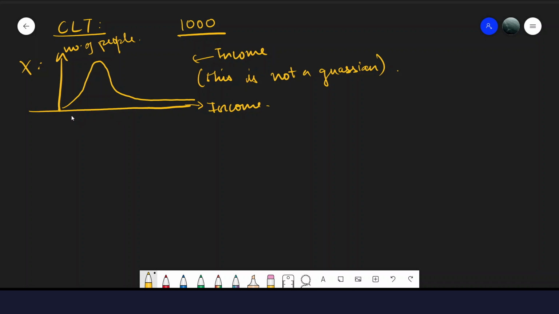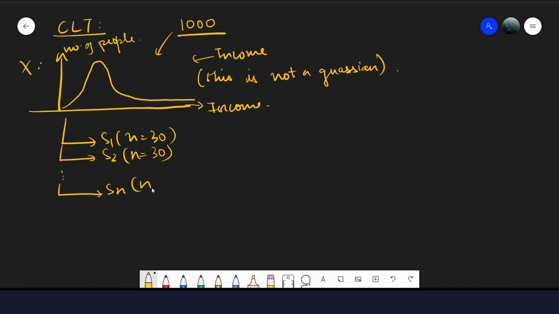Let's say I take a sample of 30 data points from this distribution. Initially there are 1,000 data points in this entire distribution, and I take a sample of 30 of those. Let's say I take sample 1 where the size of the sample is 30. I do that again, sample 2, where the size of that sample is 30. I keep doing that, and I take n samples where the size of each sample is 30.